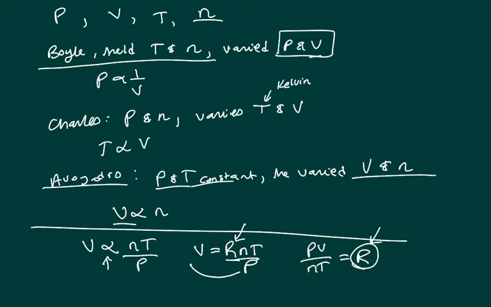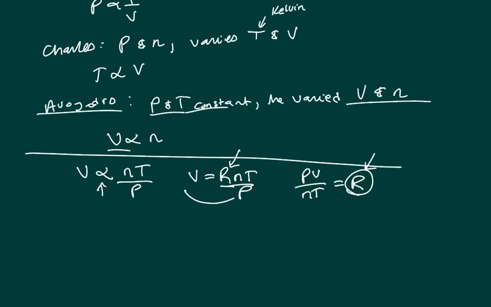And we use that to our advantage to figure out some unknown compounds, some unknown gases. But what is this R, you may say? That is going to be given to you on the exam, but R is 0.0821 liter atm per mole K.